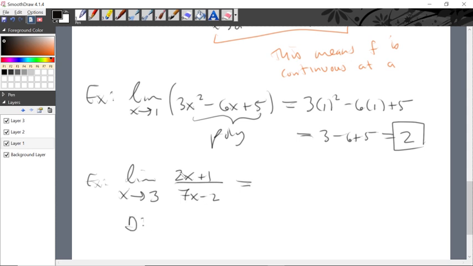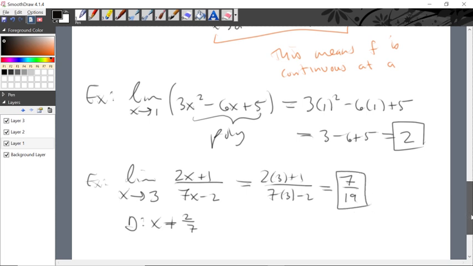Let's note that the domain would be that x can be anything except for 2/7. Well, it's not 2/7, it's 3. So we can just use direct substitution and plug in the 3. 2 times 3 plus 1 over 7 times 3 minus 2. So that's 7 on top. 21 minus 2 is 19, so we're done. 7 over 19. Relatively easy.